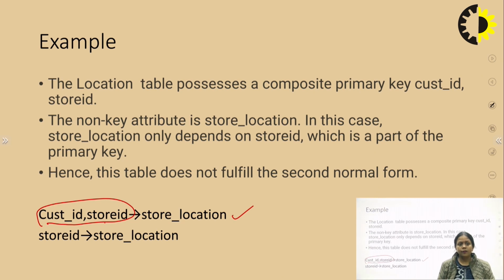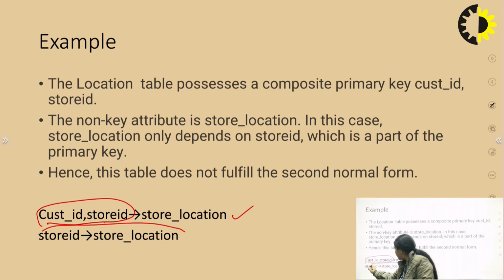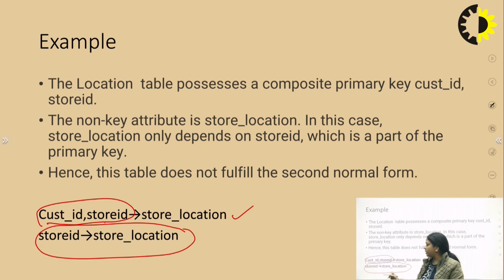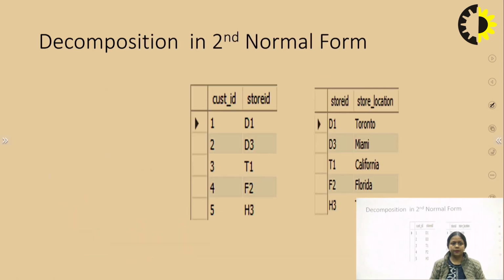Now we have to convert this table into the second normal form, so we will decompose our table in this way: store ID and store location will be in one table and the other attributes will be in another table. You can see the example here. Now, this is the decomposition in the second normal form.